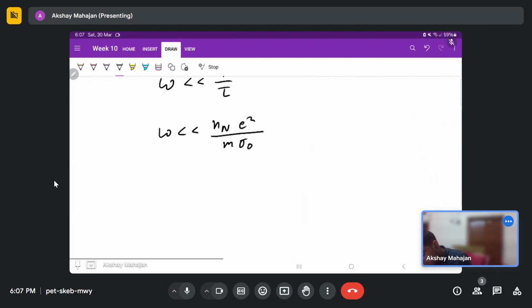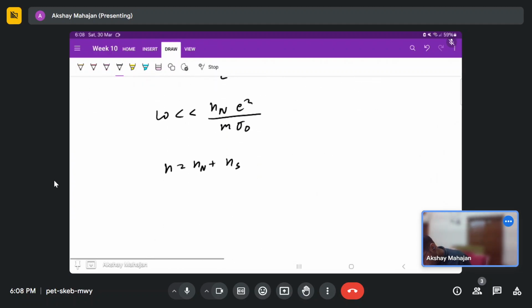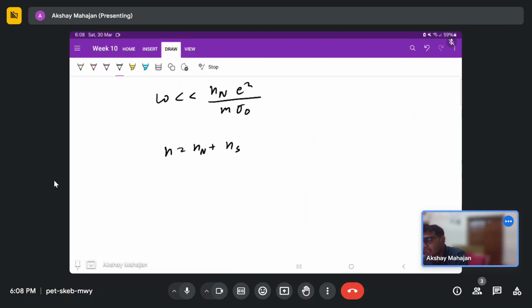Now I can replace this, since total n is basically nn plus ns.